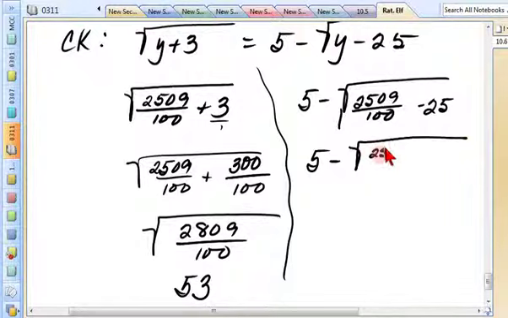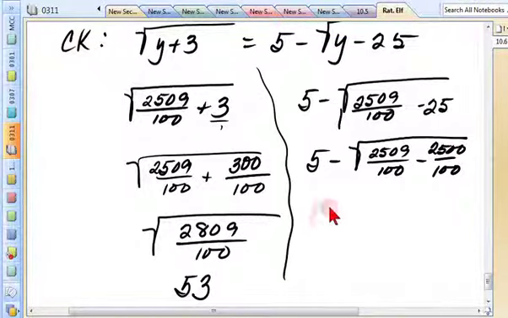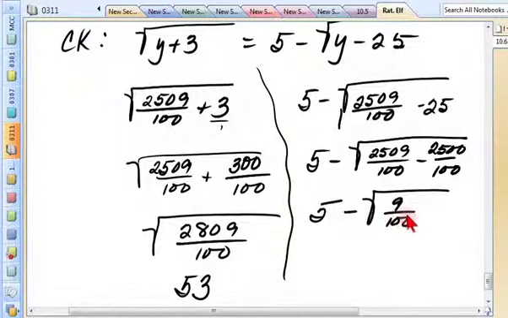So I'm going to have 2509 over 100 minus 25 over 1. I'm going to multiply the top by 100 for 2500, which gives me 5 minus the square root of 9 over 100 when I subtract. Perfect square. So that's going to be 5 minus 3/10. I don't think I need to go any further.